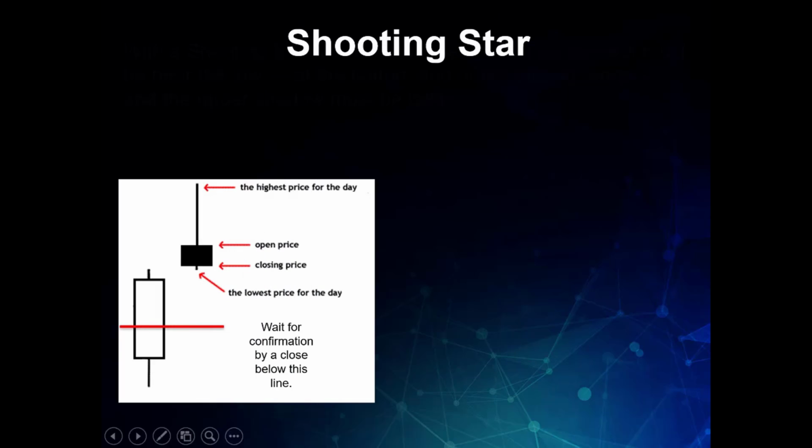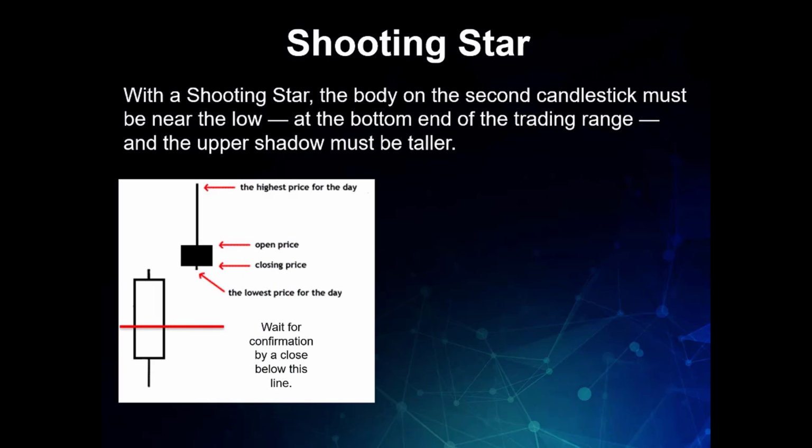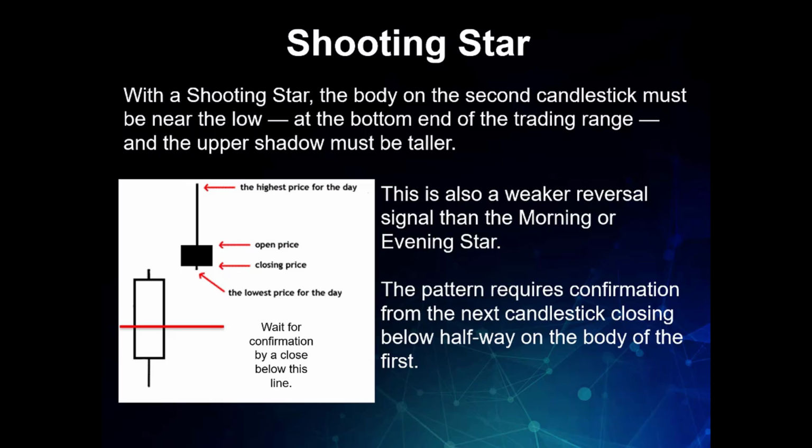The shooting star. With a shooting star, the body on the second candlestick must be near the low, at the bottom end of the trading range, and the upper shadow must be taller. This is also a weaker reversal signal than the morning or evening star. The pattern requires confirmation from the next candlestick closing below halfway of the body of the first.